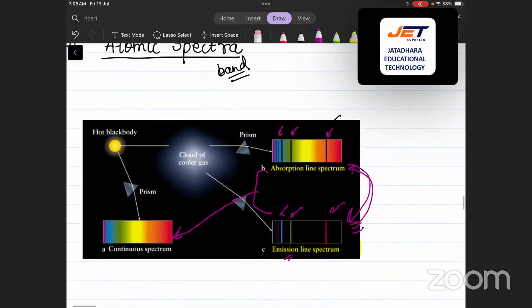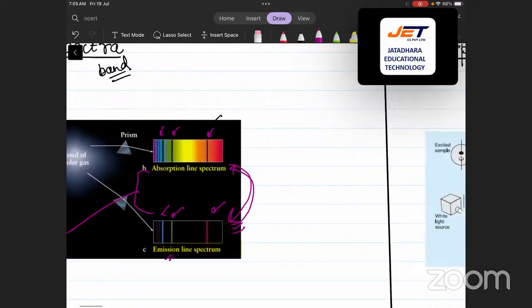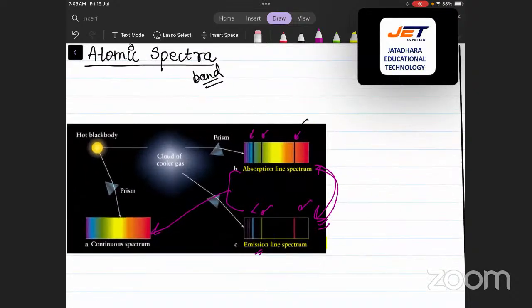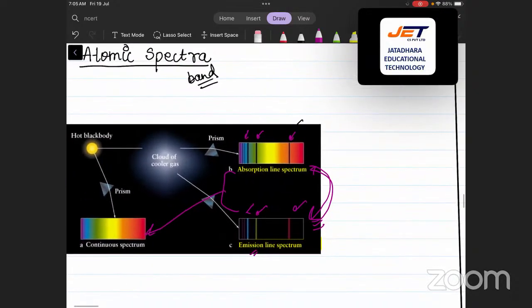So all these things we'll have to answer. Why does the spectrum look like this? All these questions will be answered when we consider light as a particle. And then we'll see how I get the absorption spectrum and how I get the emission spectrum.